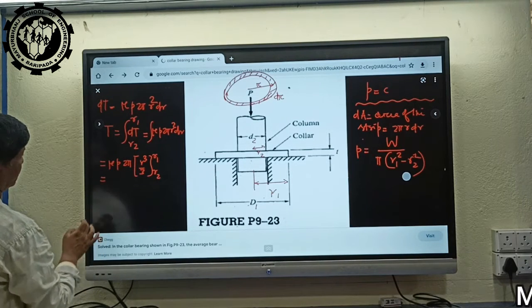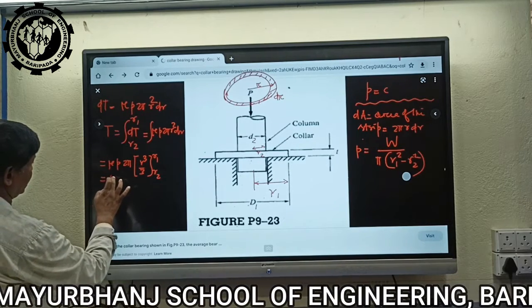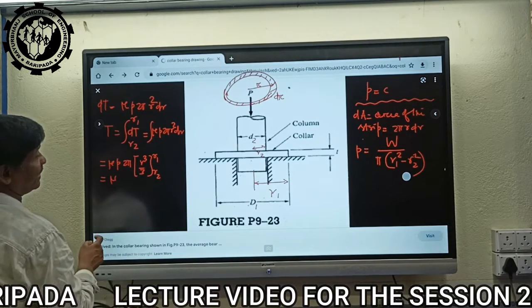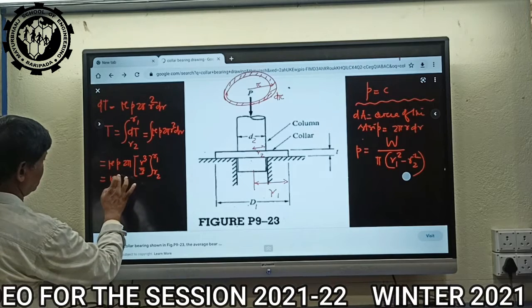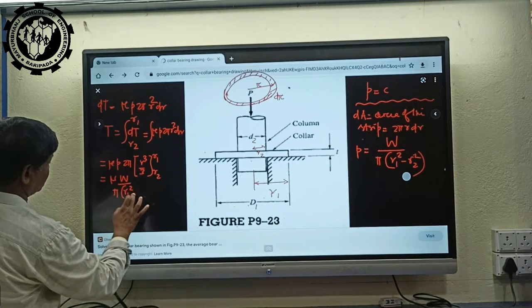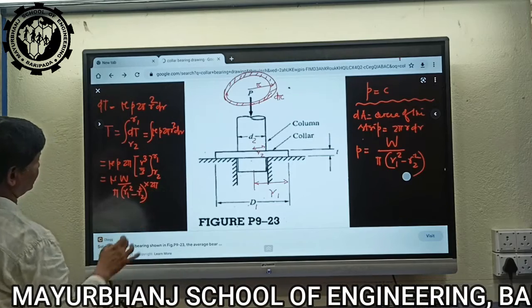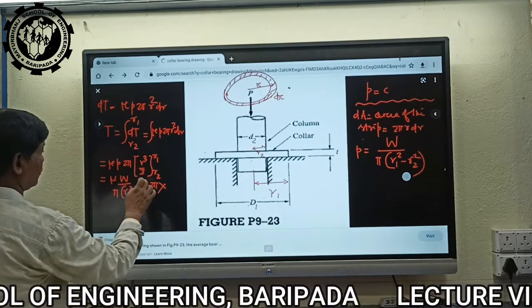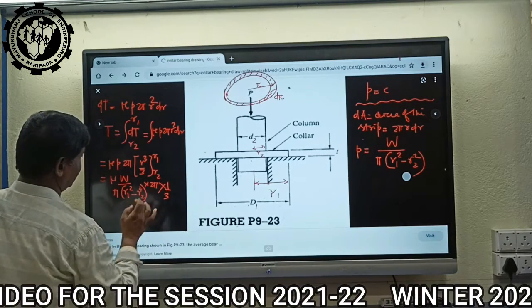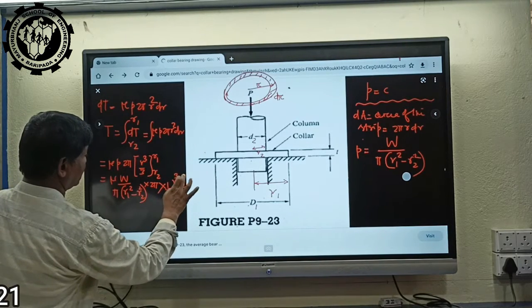Putting the value of lower limit and upper limit, one-third is here, R1 cube minus R2 cube.